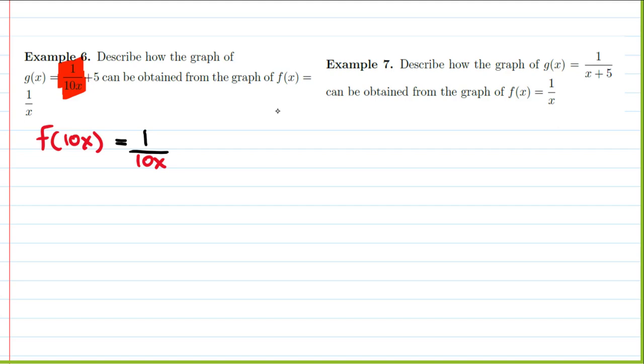But I could also realize this as 1 over 10 times f of x, because 1 over 10 times f of x would be 1 over 10 times 1 over x, which would give me 1 over 10x. So there are two different ways that we can get that expression.